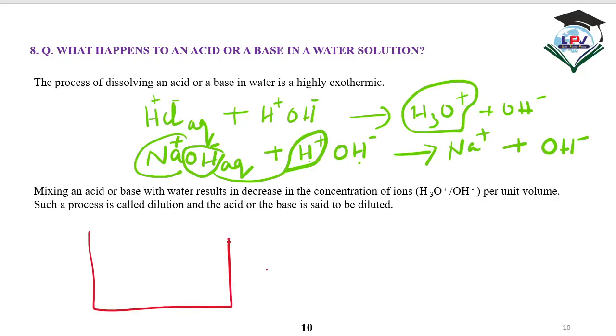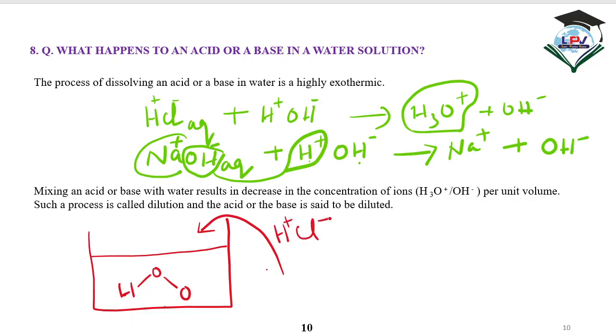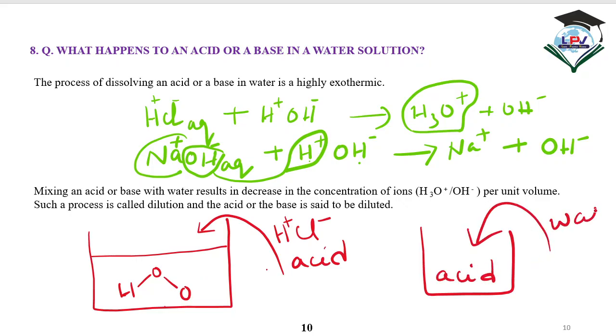Let's take a beaker. In this beaker, you have water and you're trying to add acid. Always remember, students, we should always put acid in water, not the other way. Adding water to acid is not the correct way. The reason is this reaction is highly exothermic.